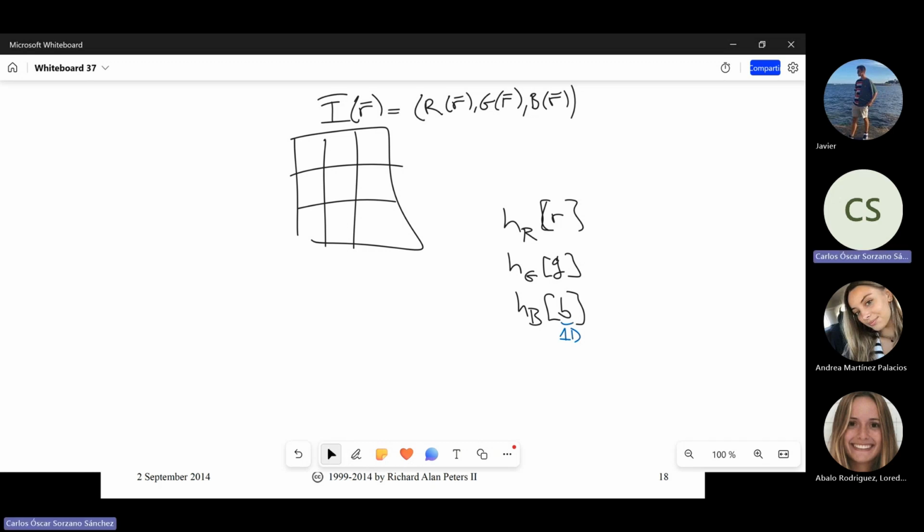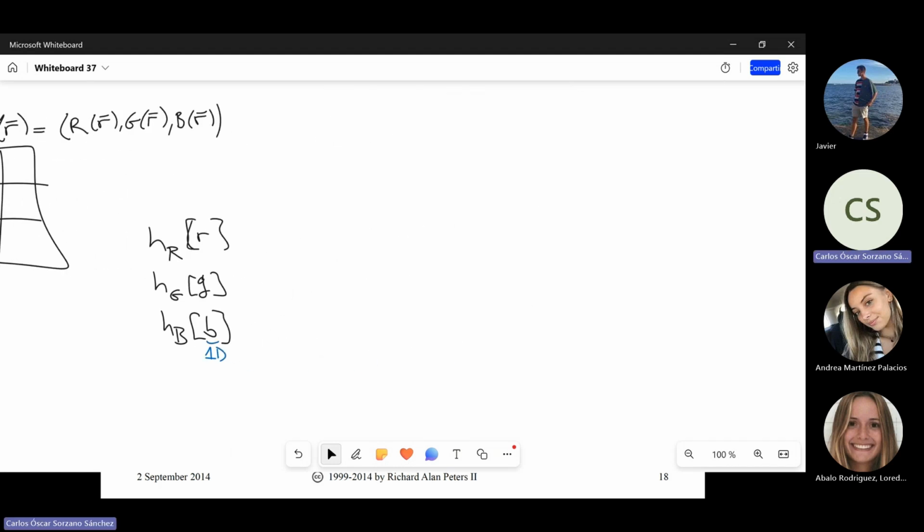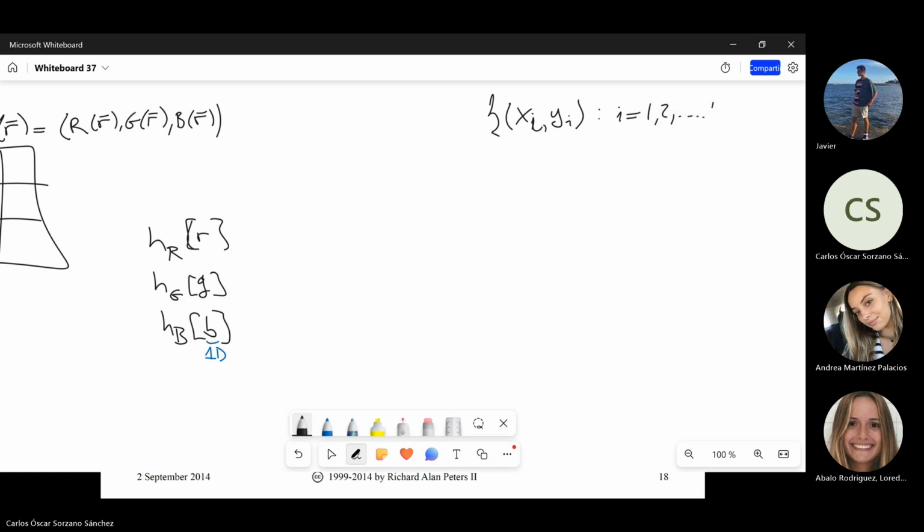Let's recall something from statistics. Let's say that you have a collection of (x_i, y_i) values. These values come from two random variables, capital X and capital Y. And then you can construct things.